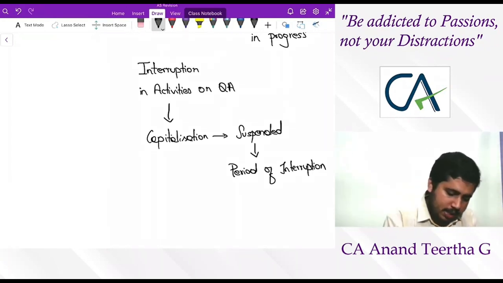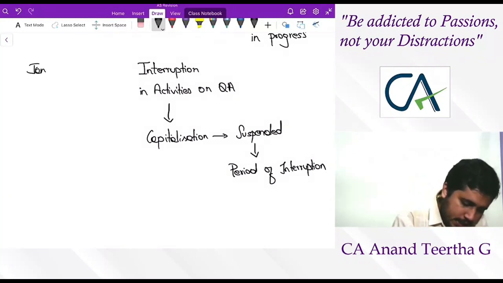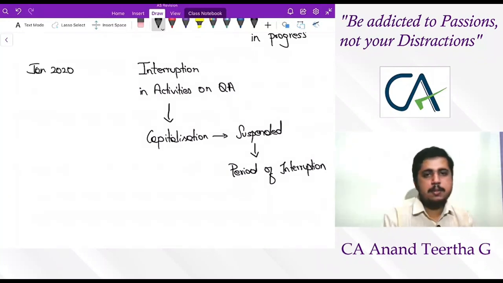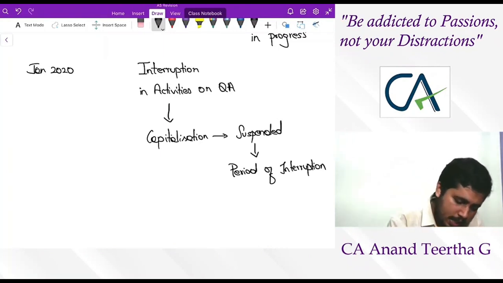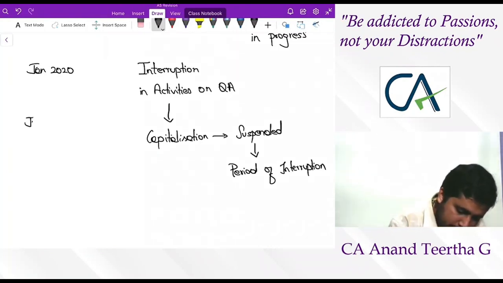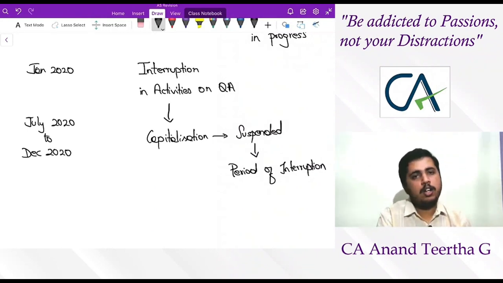For example, January 2020, all the commencement related conditions were satisfied. So because of that, we are supposed to start our borrowing cost capitalization. Assume that from July 2020 to December 2020, the work got stopped.